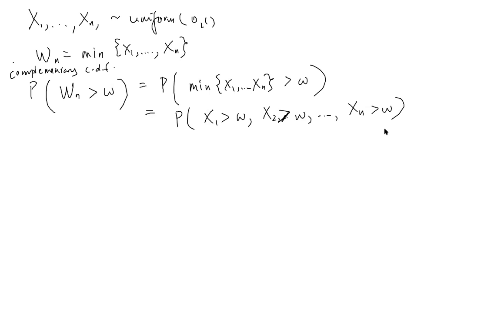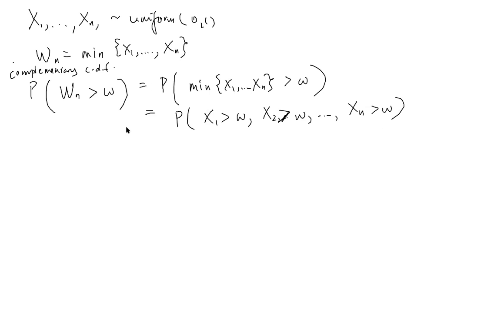An analog is the following. If I tell you that the lowest score in the class is 70, that means everyone's score is at least 70, right? Correct? If the lowest score in the class is 70, then I know that everyone must get at least 70. Okay?